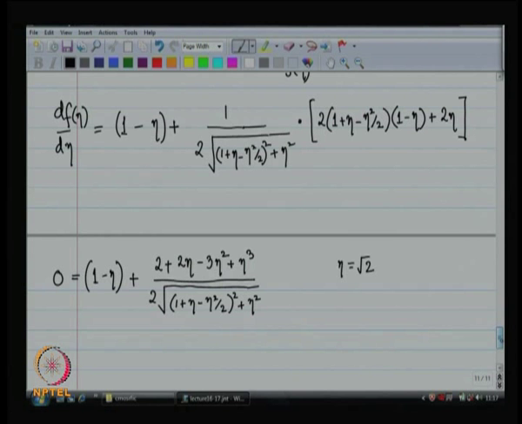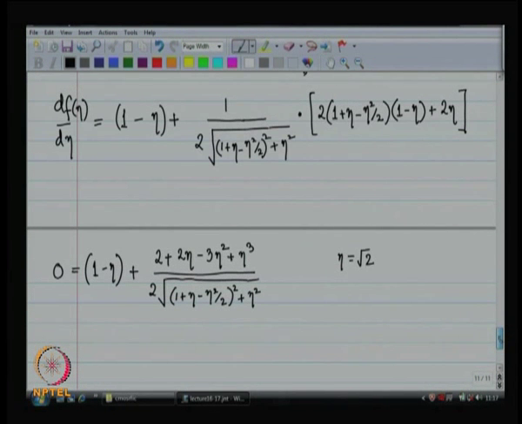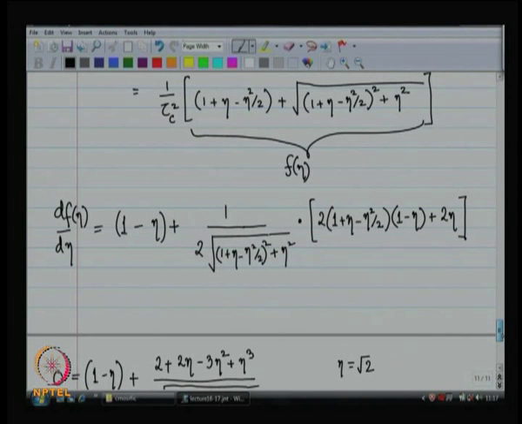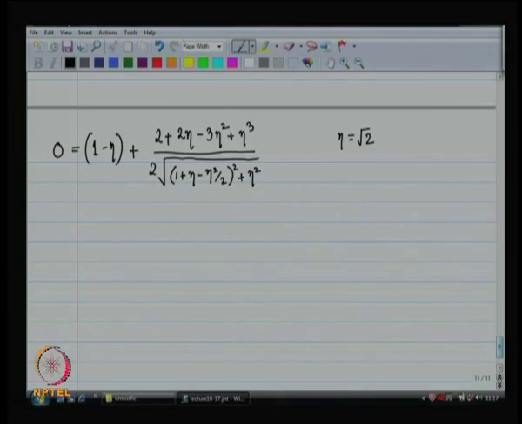Second derivative has to be negative. So, that you can satisfy for yourself, and basically what I am trying to say over here is when you do plug in eta equal to root 2, you get the maximum possible bandwidth.